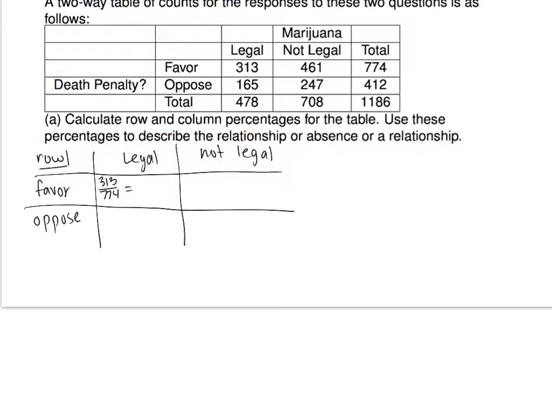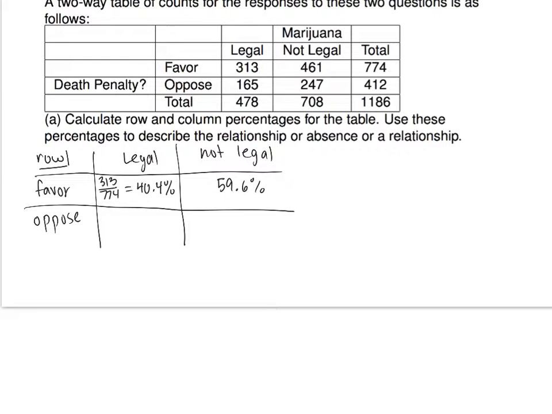And that works out to be 40.4%. And I think that if you know that that's the pattern, the not legal is also easy to get, right? It's 59.6%. And across the row, what should they add up to?